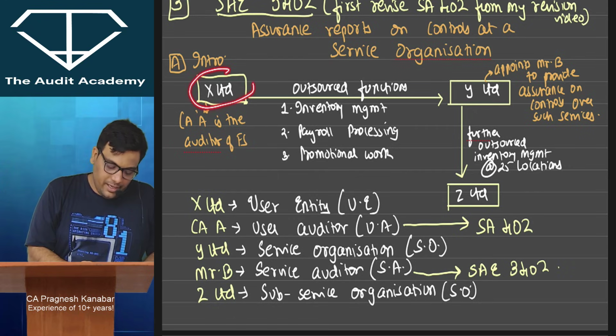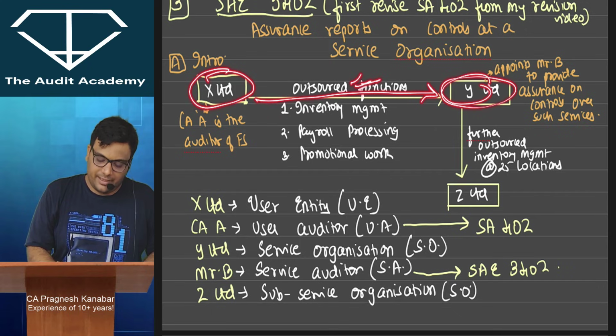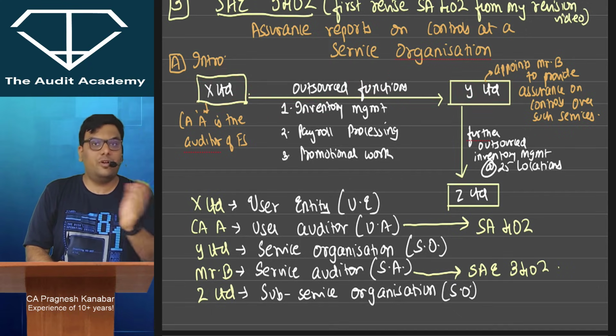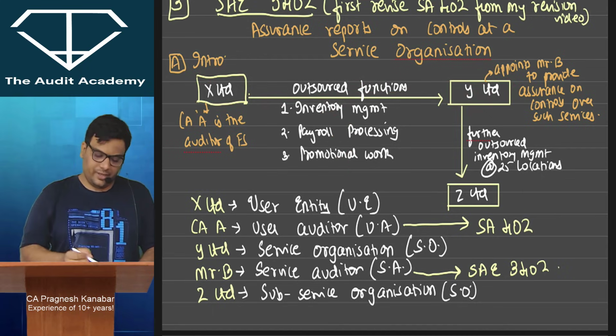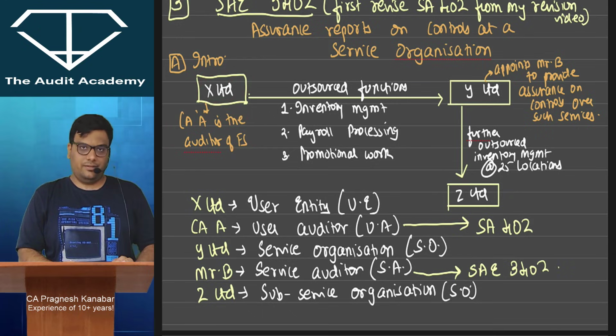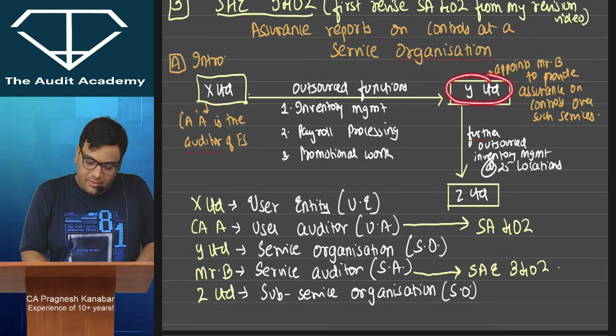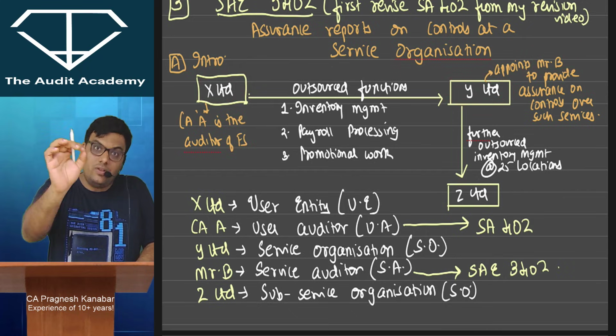Now listen to me. If X Limited is outsourcing some of its functions to Y Limited, meaning Y Limited will perform these activities on behalf of X Limited: inventory management, payroll processing, promotional work and stuff. Let us say CAA is the auditor of financial statements of X Limited. And Y Limited has appointed Mr. B. What is Mr. B specifically for?